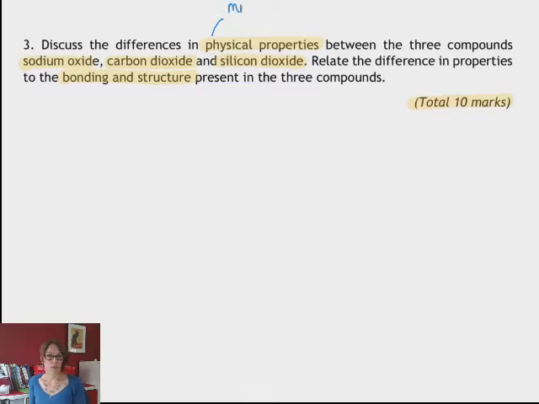So physical properties. Remember melting points and boiling points. Conductivity is going to be part of our physical properties. And we may talk about solubility, but melting point, boiling point and conductivity are the main areas that we can link to the strength of the bonding and everything else.